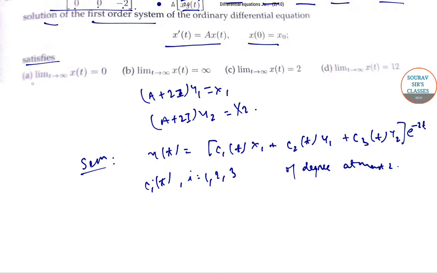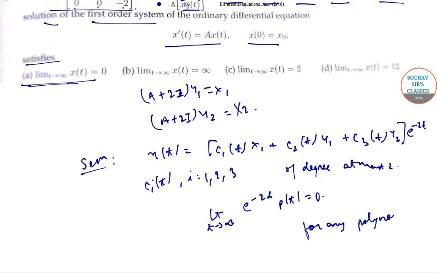Now clearly option A holds, on taking the limit and the result: limit t tending to infinity of e to the power minus 2t times p(t) is equal to 0 for any polynomial p(t). Therefore, option A gives us the correct answer.